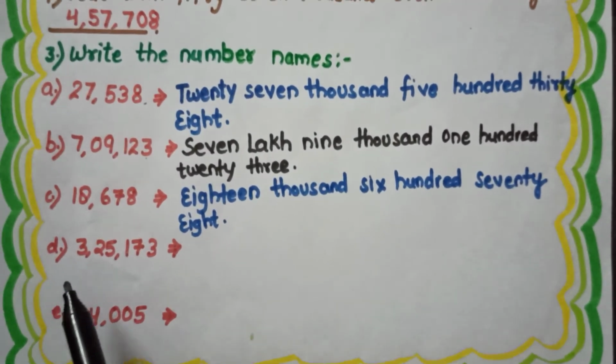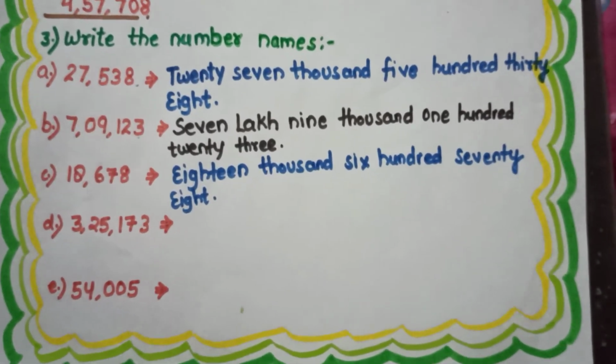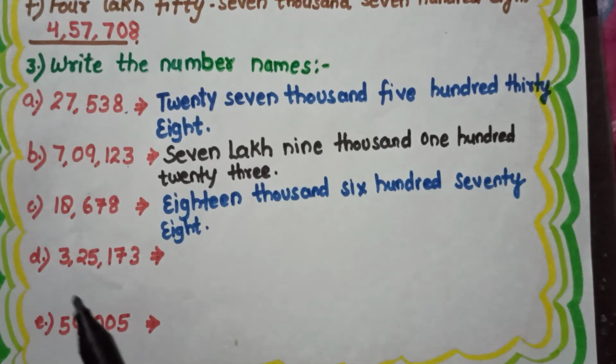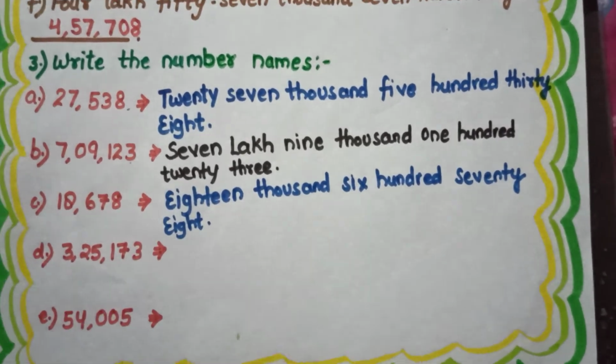Now this D part, again we have a 6-digit number, so it means it will be from lakh. The places are ones, tens, hundreds, thousands, ten thousands, lakh.